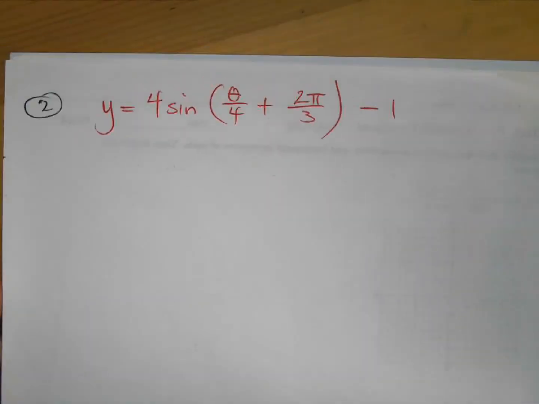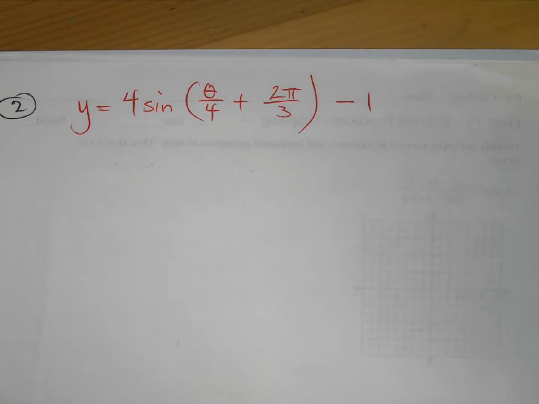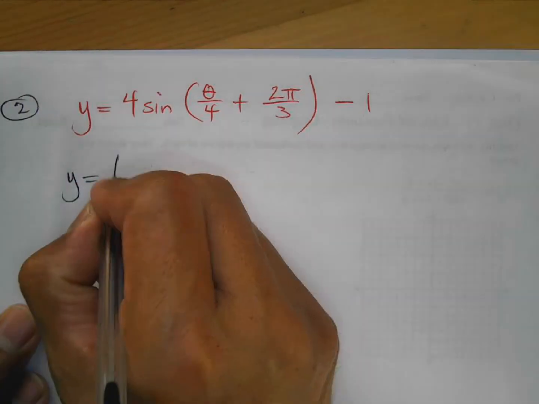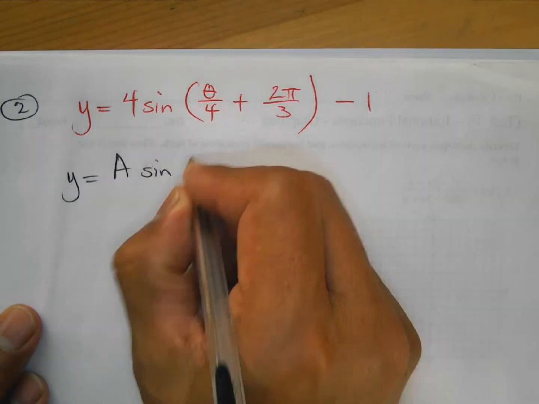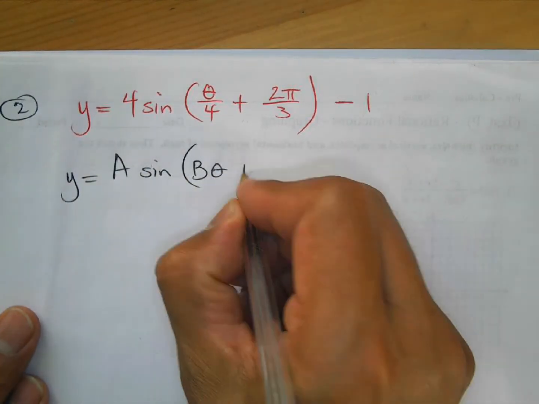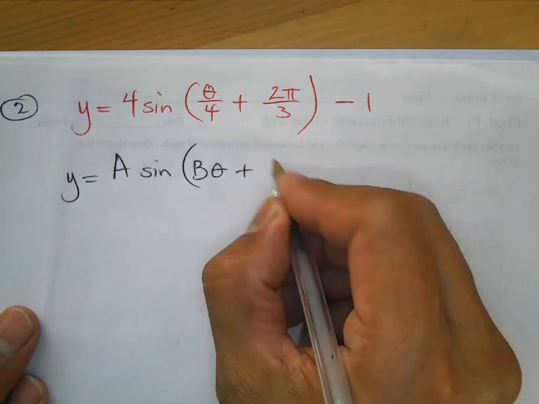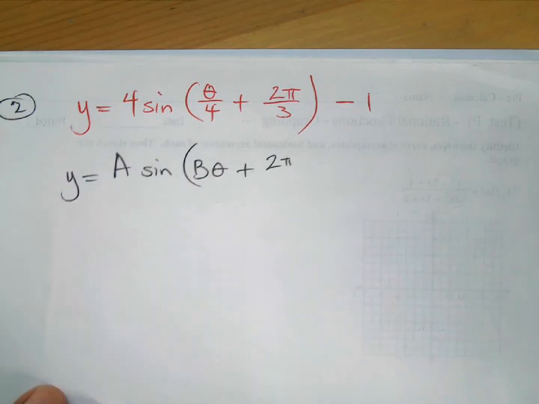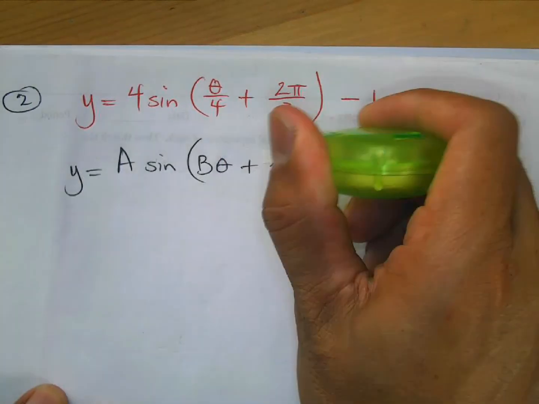And that would be nice if you could see it. There it is. All right. So make sure it's written and it follows the general form. I'm going to write the general form right under it. y is equal to a sine parentheses b theta plus c, plus d.